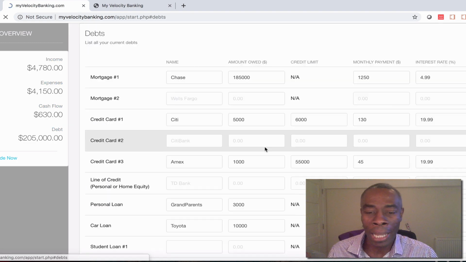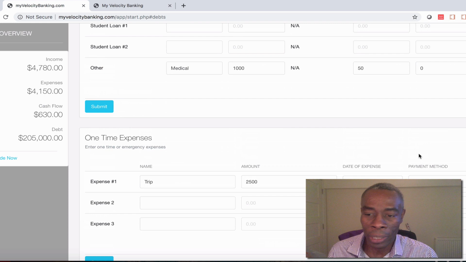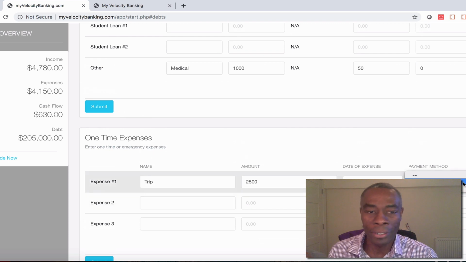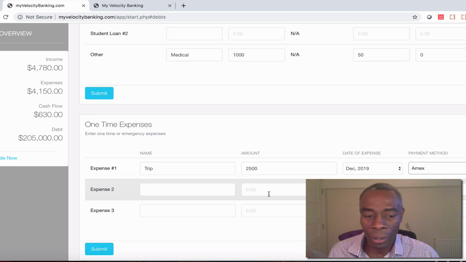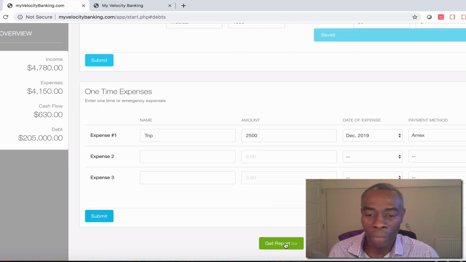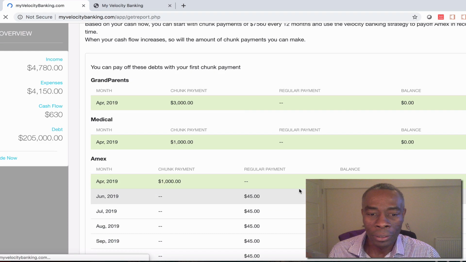So let's go back, let's just change it again so we can see it more clearly. Let's say I want to use my Amex instead. Let's submit that. I'm going to do a get report. Same thing.